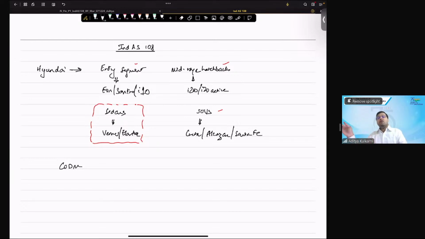And how is my competitor performing? So overall, they need an overall industry outlook at each of these segments. And it is the CODM who has the best knowledge of the segments.